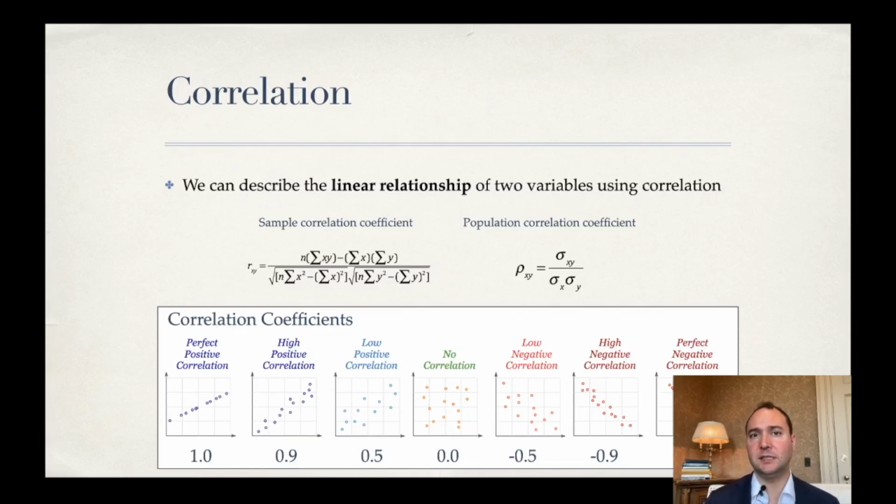The population is either incredibly difficult to measure or sometimes simply impossible to measure. So you should consider the population as some kind of theoretically perfect solution that we don't actually know, but we can infer about that population using our sample.